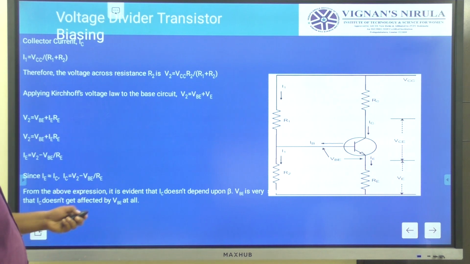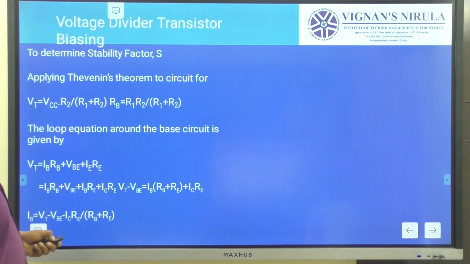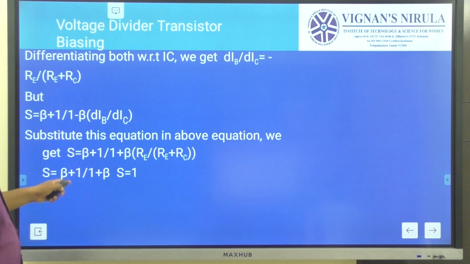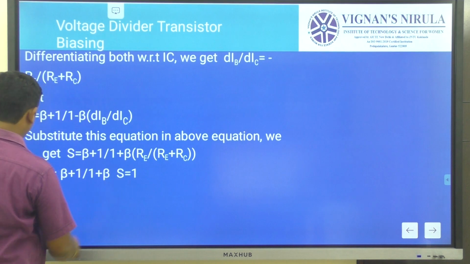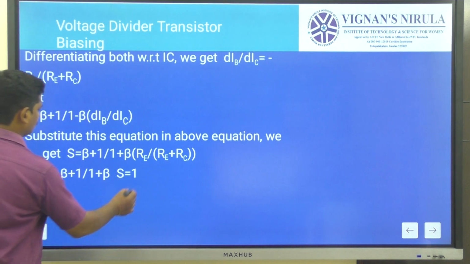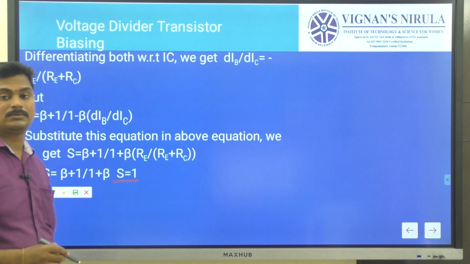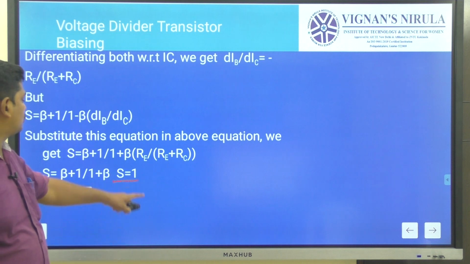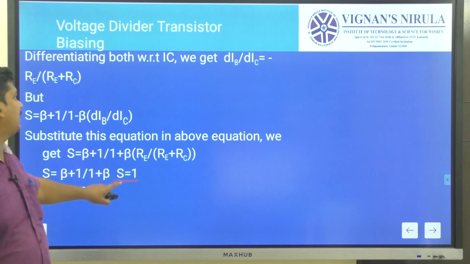Finally, by solving this transistor biasing, we get the thermal stability for the voltage divider transistor bias as 1. It means the thermal stability is very high, due to the small value of S. This is very important.